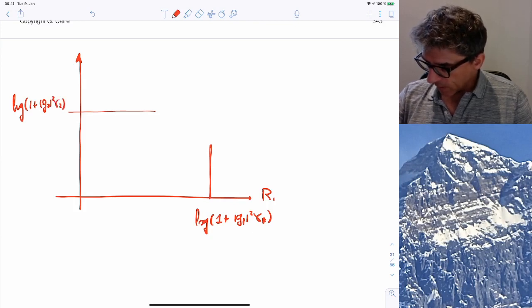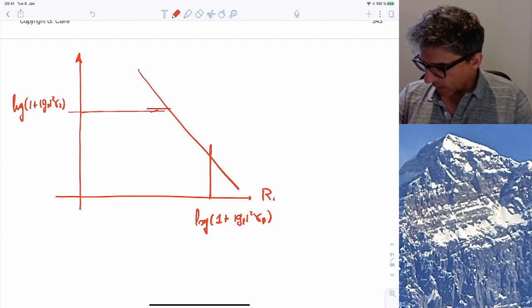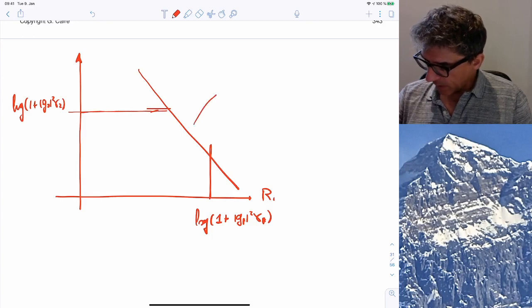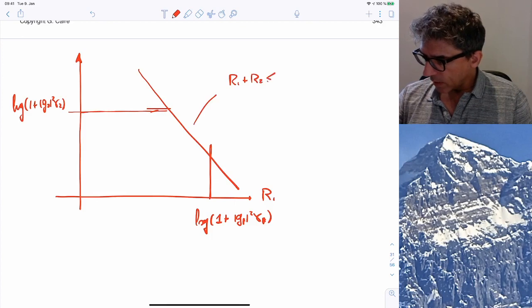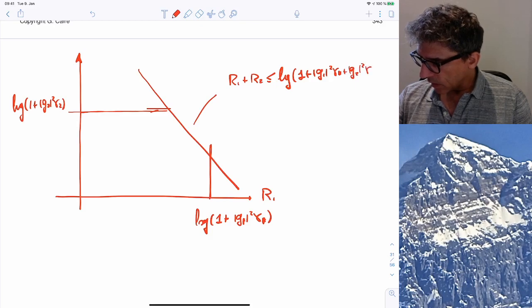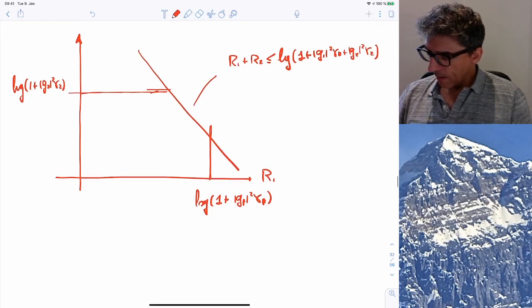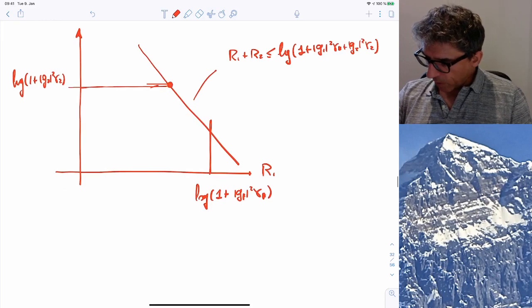And then there is a sum rate constraint, which is a line with the slope -1, and this will be basically the inequality R1 plus R2 less or equal than log of 1 plus G1 gamma 1 plus G2 gamma 2. Okay? Those are the corner points or successively decodable points.